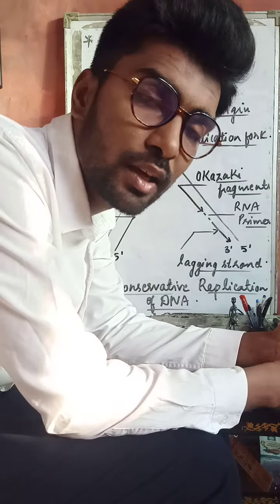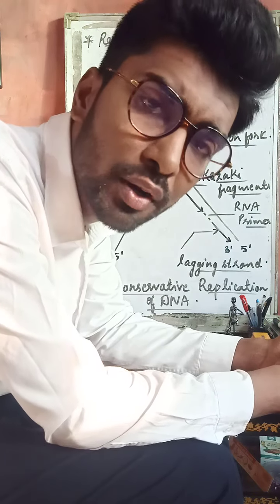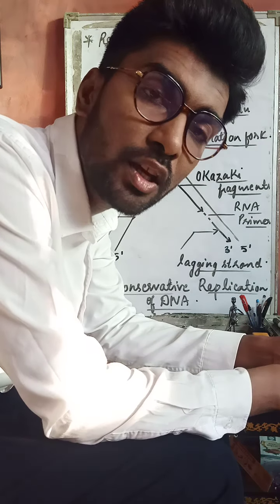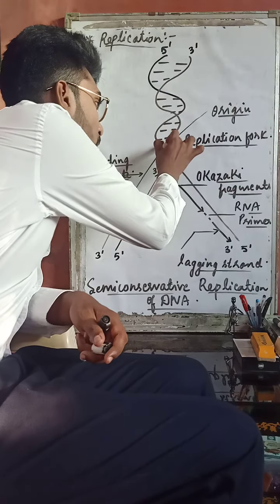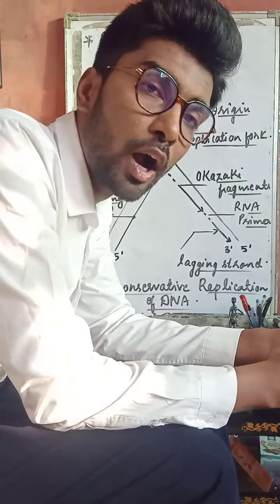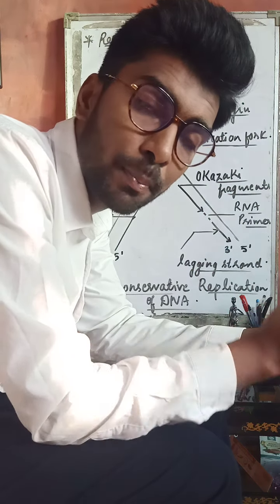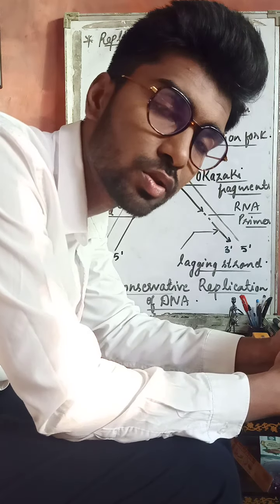The second step is initiation or origin. What exactly is origin or initiation? Initiation or origin is a point where the DNA undergoes replication. You can see this is the point where the DNA is undergoing replication. So the point where the DNA undergoes replication is called the origin, or it is also called the initiation point.